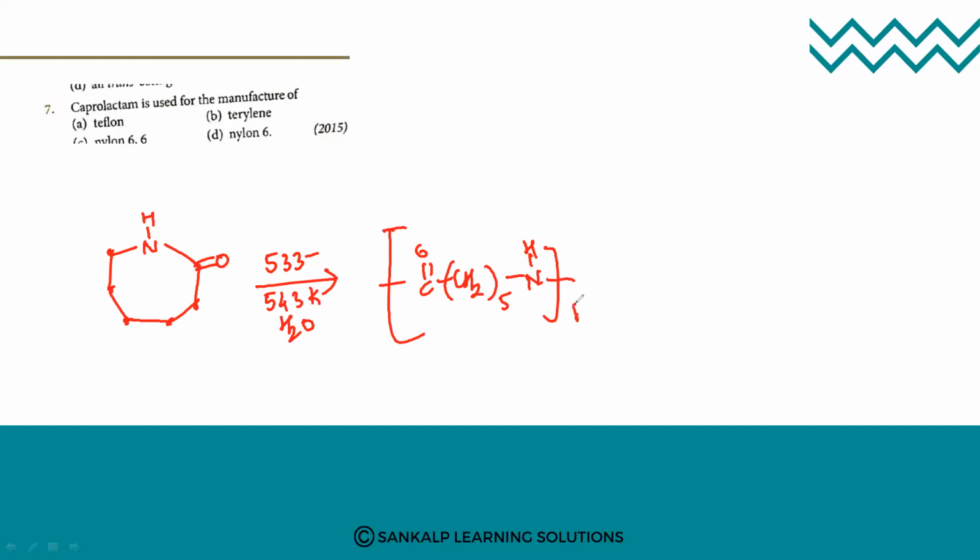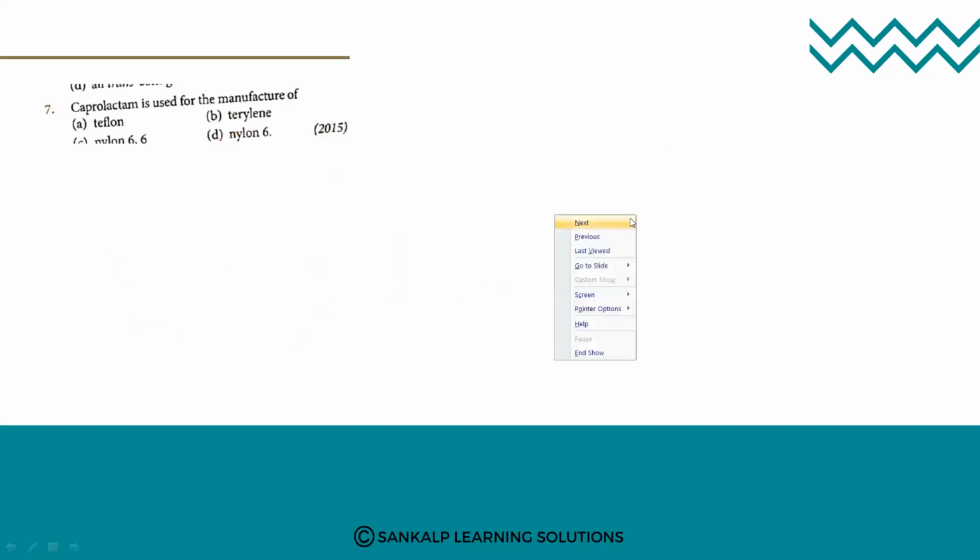This is nylon 6. So caprolactam is a monomer used for the manufacture of the polymer nylon 6. Option number D is the right answer. I hope this is clear. We'll go for the next one.